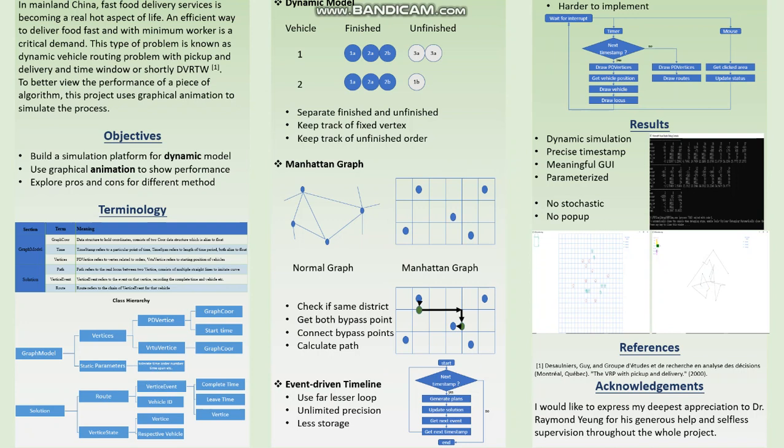I simply set a start time and calculate the solutions, and then from within the solutions I will calculate the next event and move the head of the timeline to that timestamp. So it reduces the loops needed, and so it can improve the precision of time.